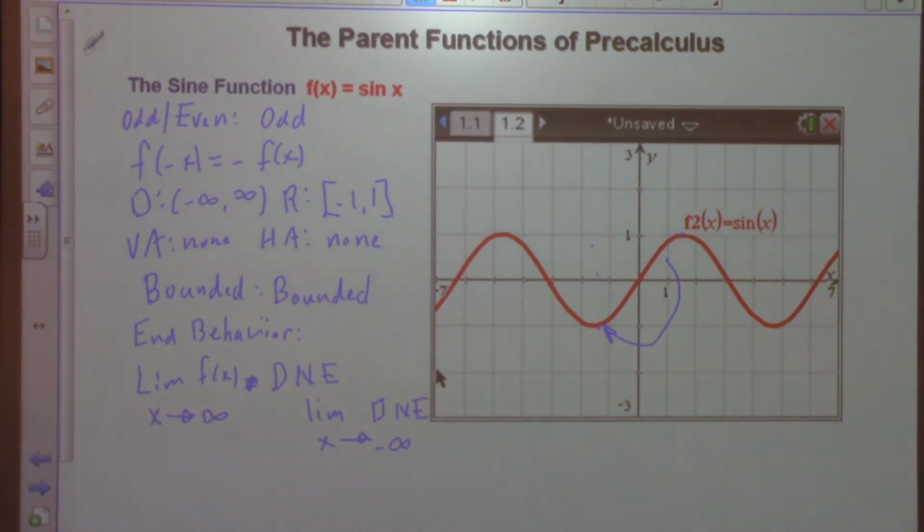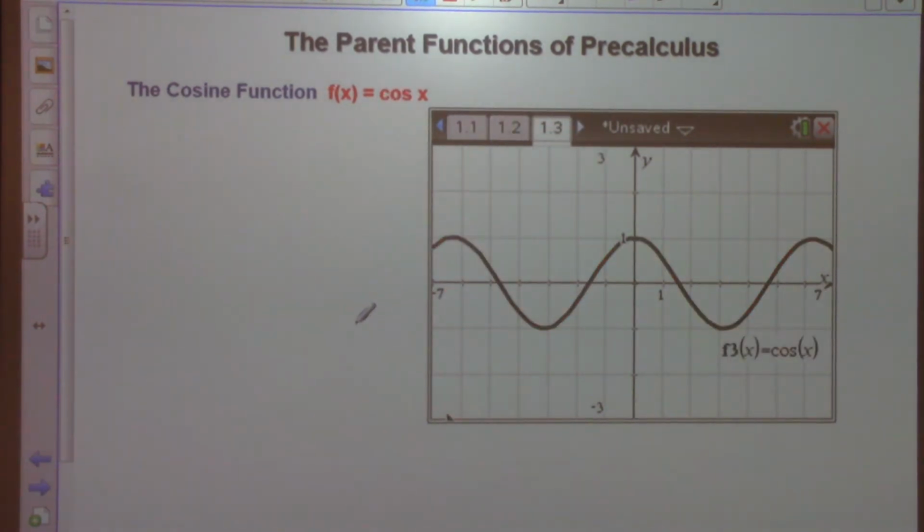Now, what I'm going to do is quickly show you the next one, which is the cosine function. It's almost the same thing, but cosine means the complement of sine.